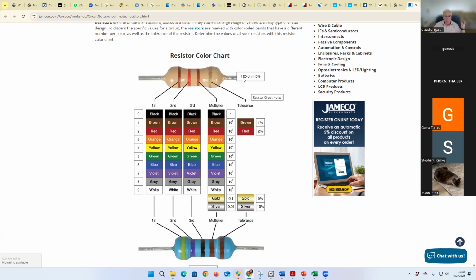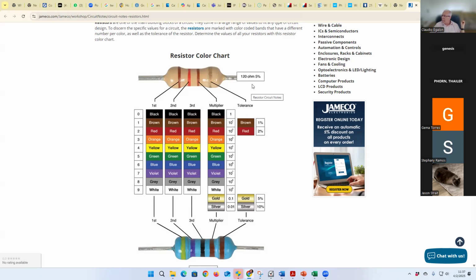Plus and minus 5% is 6 ohms. So it's 120 minus 6 ohms, which is 114, and 126. The manufacturer guarantees that this resistor has a value between 114 and 126 ohms, okay? That's how this color code works.